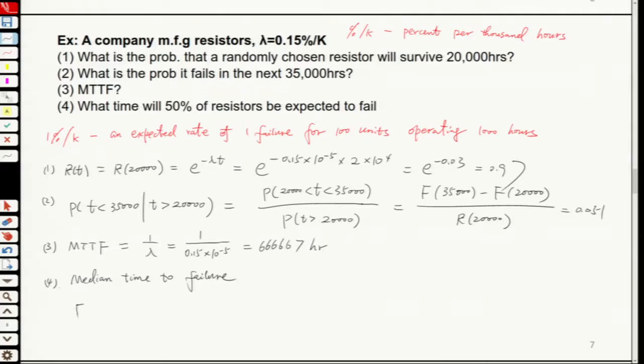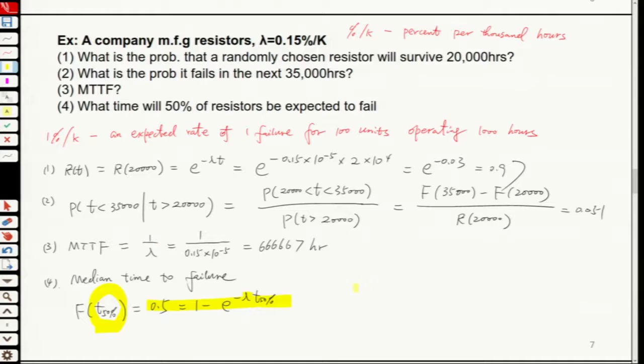So you want to find the time at which 50% is going to fail. So F should equal 0.5, because 50% of them will fail. This equals 1 minus exponential minus lambda t50%. Based on this equation, we're trying to solve for t50%. We know lambda already, and what we want to solve is t50. t50 is our target.